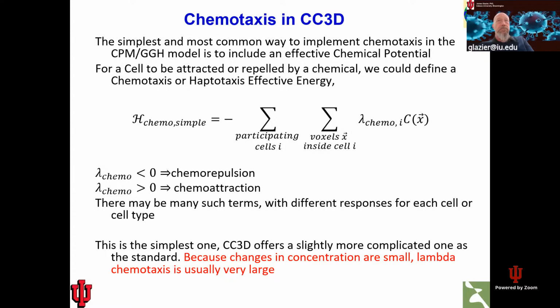And so typically we're going to evaluate the chemical effect when the cell is extending, but not when it's retracting. And there's a switch that you can set in CompuCell and many other simulators that says: do you evaluate the chemical gradient only on extension, or both on extension and retraction? Biologically, extension only seems to be correct.